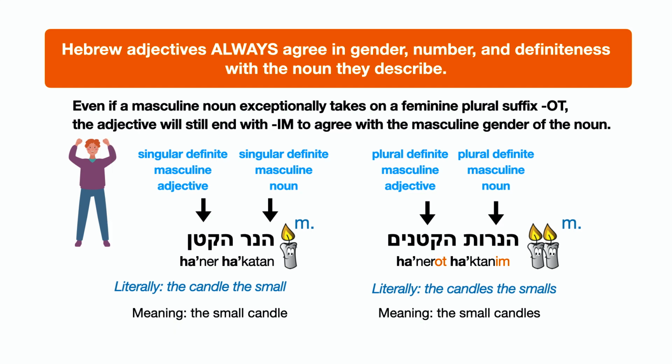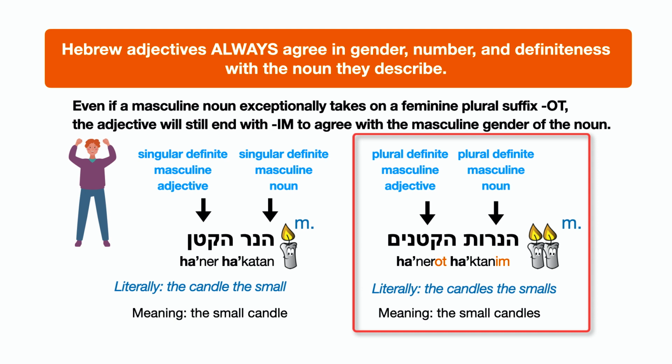And to make that plural, if we want to say the small candles, we're talking about particular candles here, not just any candles. The small candles over there, for example. So we say hanerot haktanim.